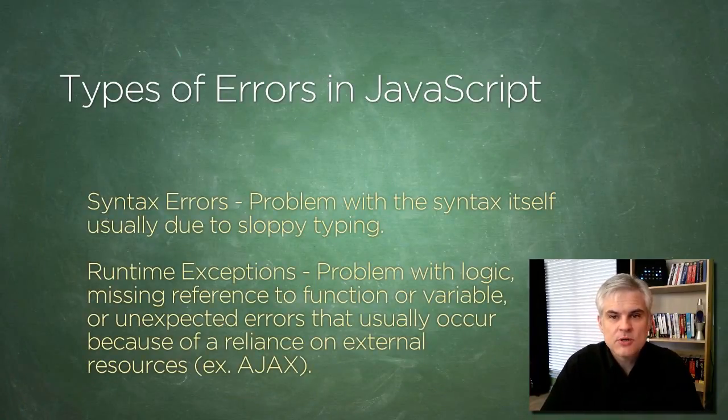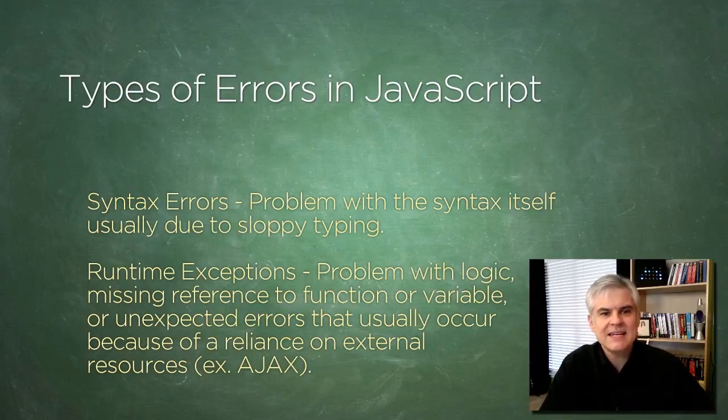Runtime exceptions also occur when something outside of the developer's control happens. So a good example is that you're going to use a technology called AJAX to make a call back to a web server. Now, AJAX is a technology that allows a web client, a web browser, to contact the web server to retrieve tiny bits of information instead of loading a full web page every time something on the web page needs to change.